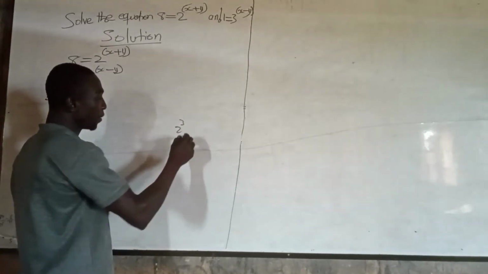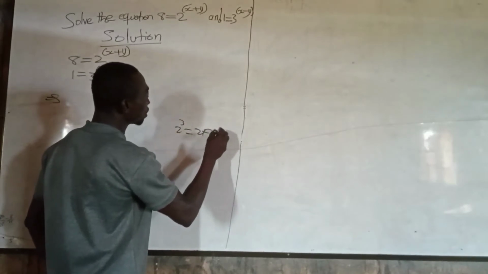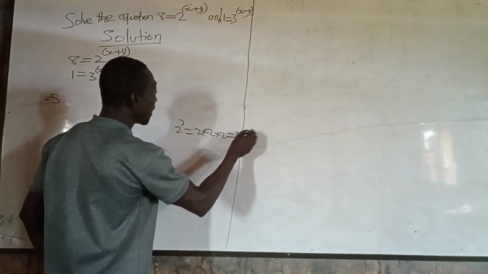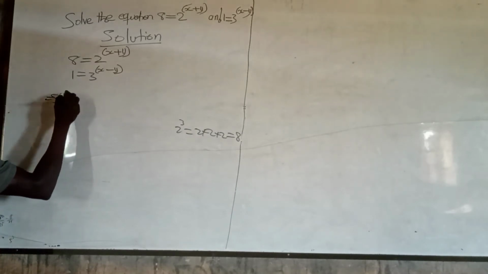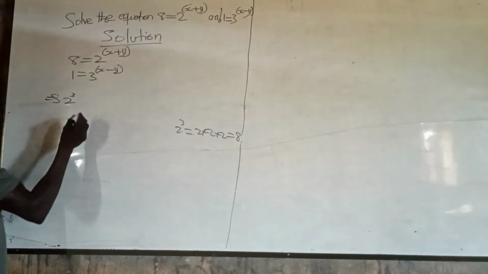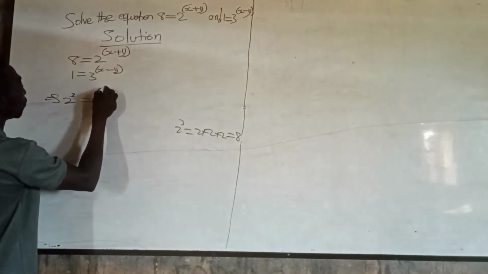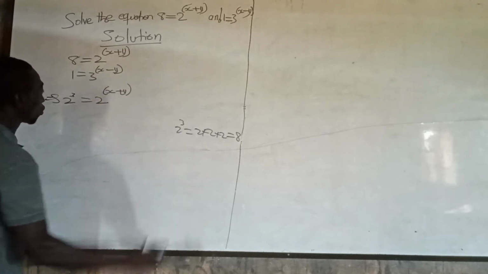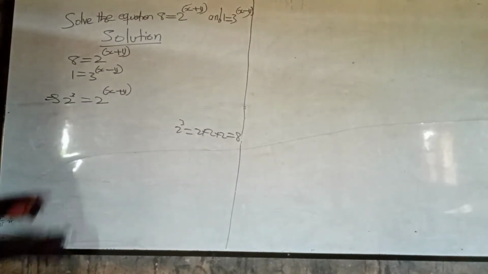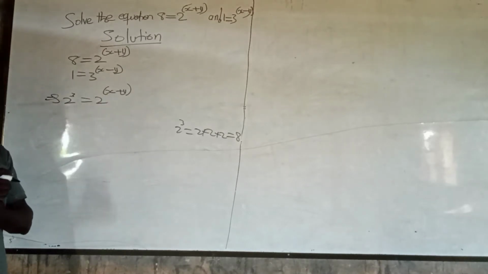That's 2 to the power 3, which is, when we expand this, 2 times 2 times 2, and that will give us 8. So this will now become 2 raised to the power 3 equals 2 raised to the power (x plus y). So this base and this base are now equal.